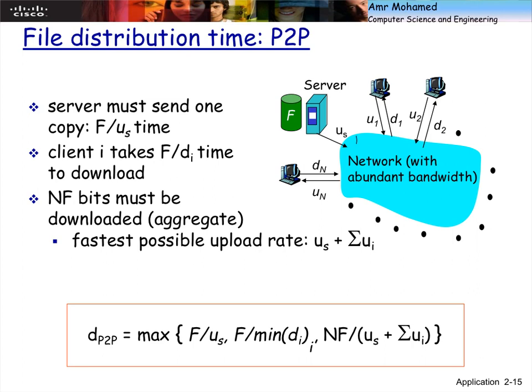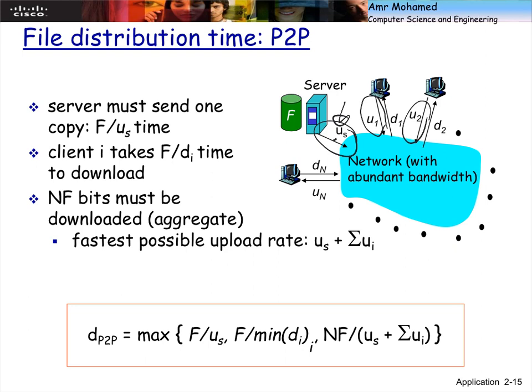Right? So I'm not restricted to everything being sent from US at the rate of US. Now I can leverage US, U1, U2, U3. All of them can be used concurrently at the same time.